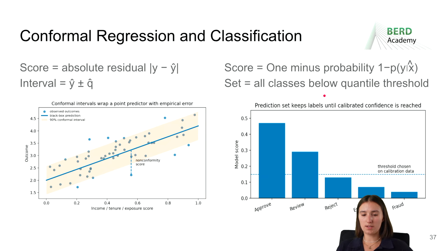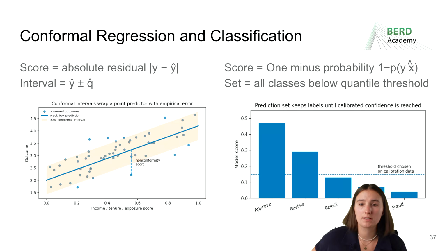We can also do the same for a classification case. So here the score could be 1 minus the probability that we predict, so 1 minus the predicted probability. And the set could then be all the classes below our quantile threshold.